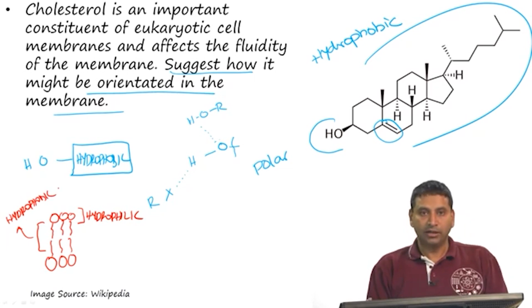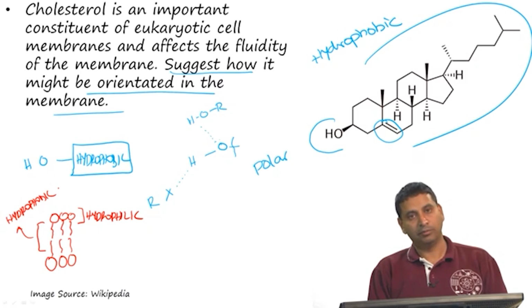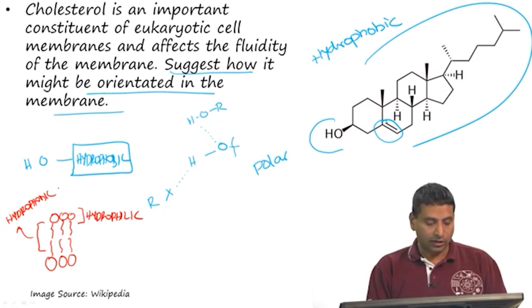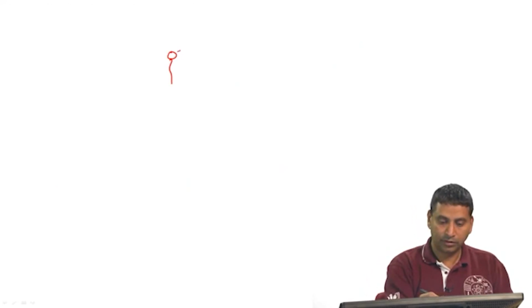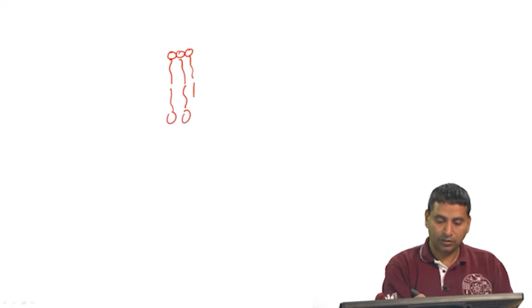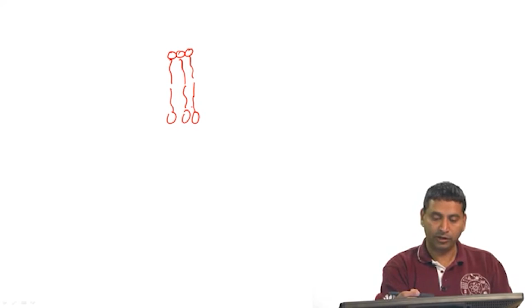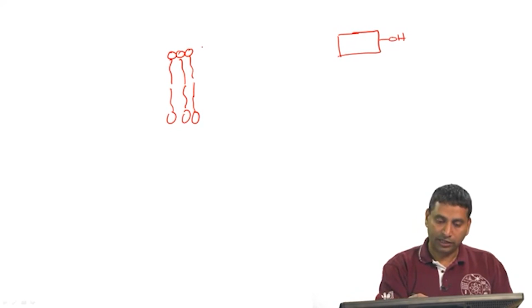So, with this in mind, if we were to predict how the lipid membrane would interact with cholesterol, then one could draw out a figure like this. So, you have the lipid membrane over here, and as we looked at earlier, cholesterol is basically a structure like this, and so it would interact in the following manner.